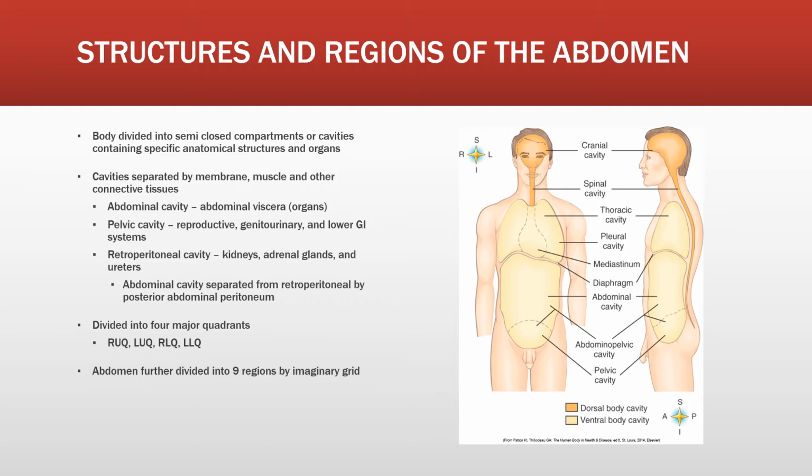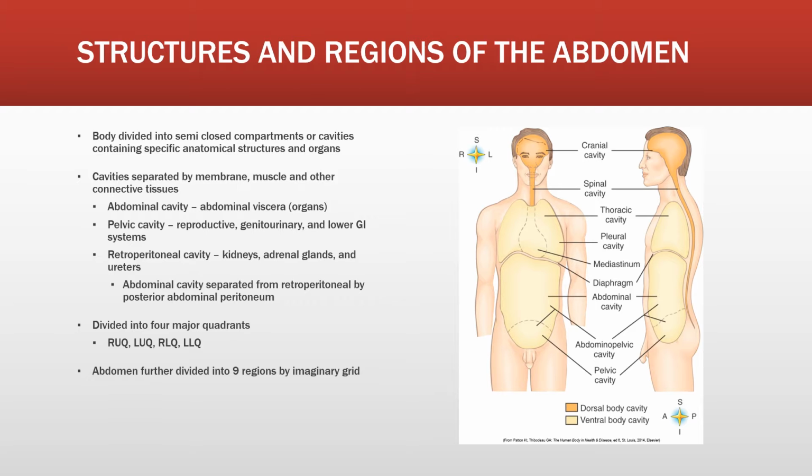All right, so just a brief review here for some structures and regions of the abdomen. The body is divided into semi-closed compartments or cavities, and these cavities contain specific anatomical structures and organs. The cavities are separated by membrane, muscle, and other connective tissues. We do have the abdominal cavity, which includes our abdominal viscera, which are otherwise known as organs.